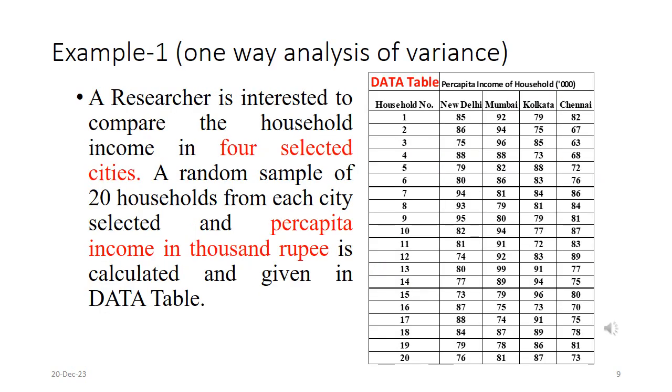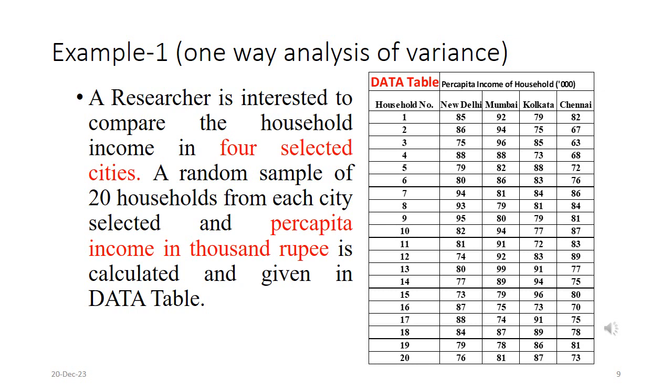We will illustrate one-way analysis of variance by an example. A researcher is interested in comparing household income in 4 selected cities. A random sample of 20 households from each city is selected, and per capita income in 1000 rupees is calculated and given in the data table on the right side.